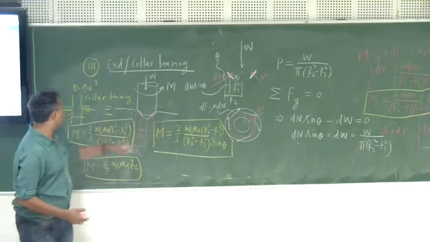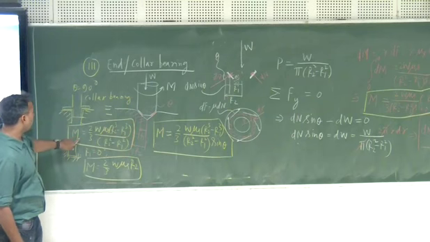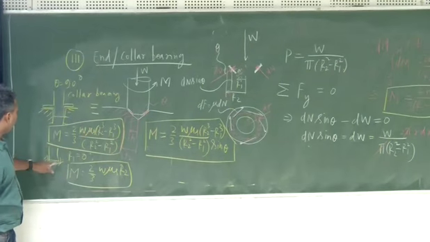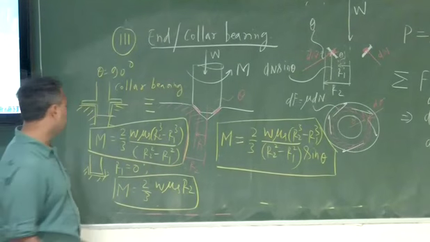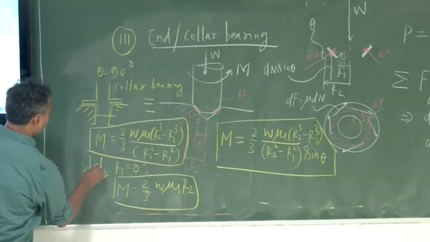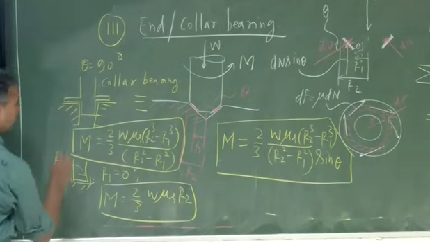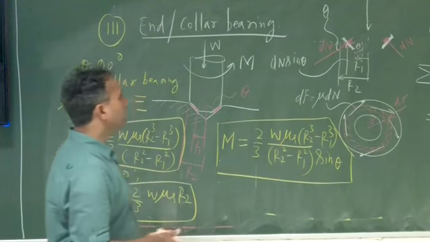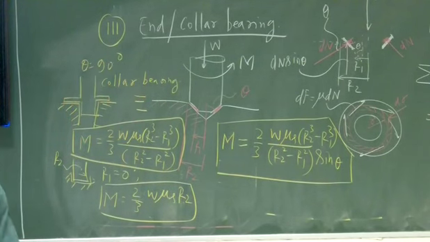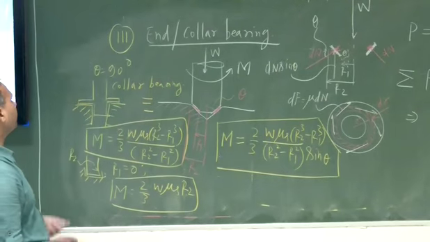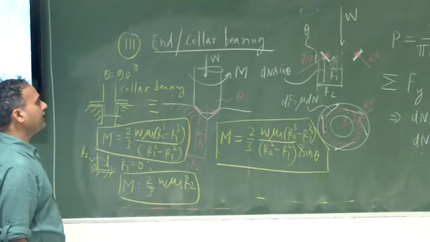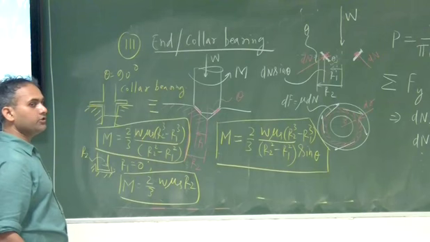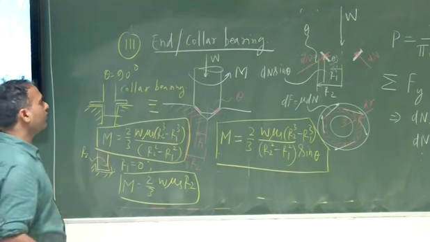So this is a generalized one. For the collar bearing, this is the moment that has to be overcome, and for the end case, this is the moment that it has to overcome. And this is your r2. This is how you see the application of friction in the case of thrust bearing. Now let us try to see the application of this friction in journal bearing as well as the rolling resistance.